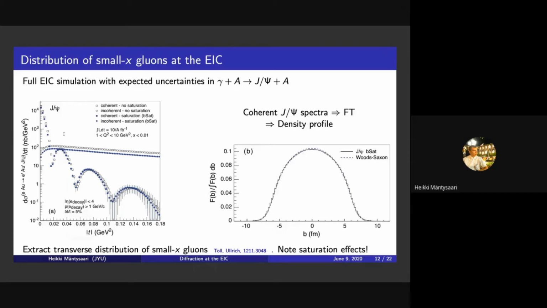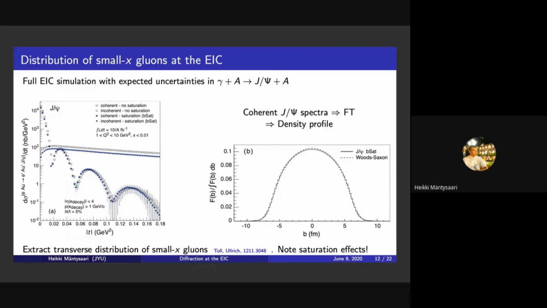Now, if you say that they are distributed as dictated by the Woods-Saxon distribution, so basically this is a simulation. What goes into the simulation is that nucleons are sampled from the Woods-Saxon distribution, and then you add some realistic uncertainty estimates for the EIC, and then you can do a 2D Fourier transform back to coordinate space.